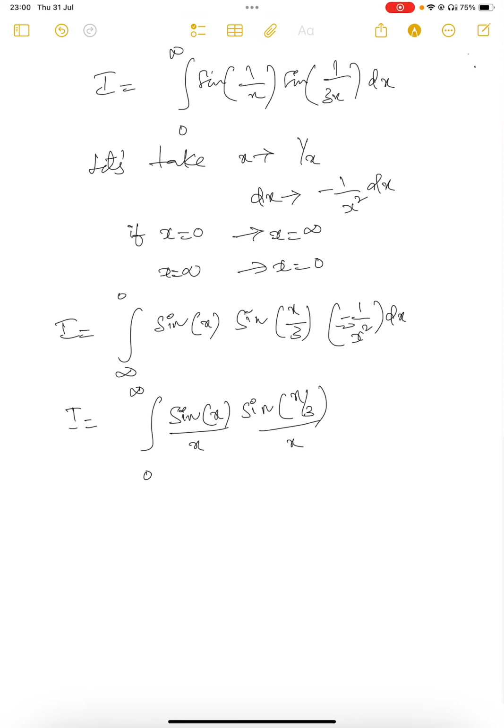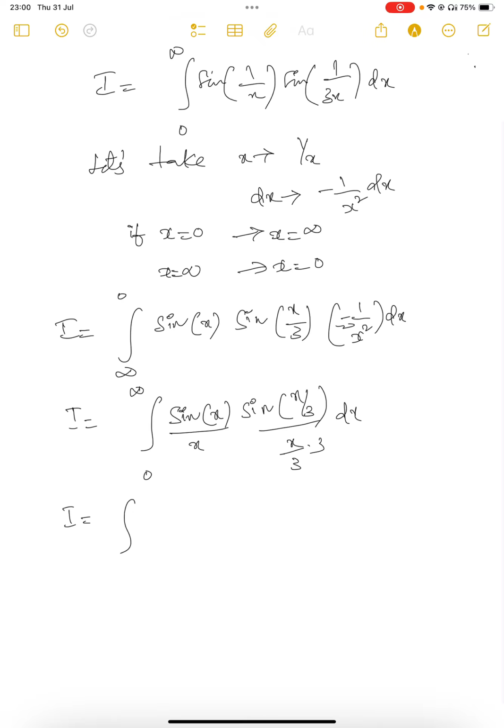Divide it here, 1 x here and 1 x here. Because in the second term it's x by 3, divide it by 3 and multiply by 3, so that it will be very useful while calculating.